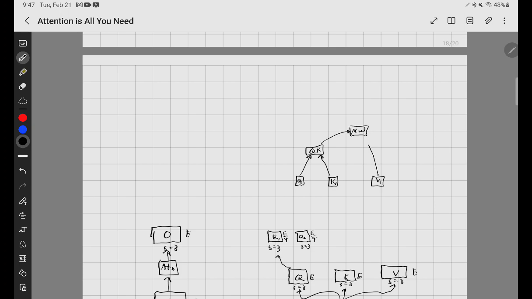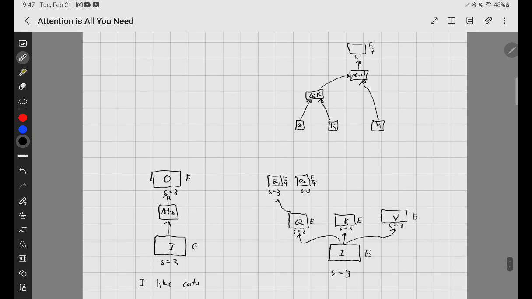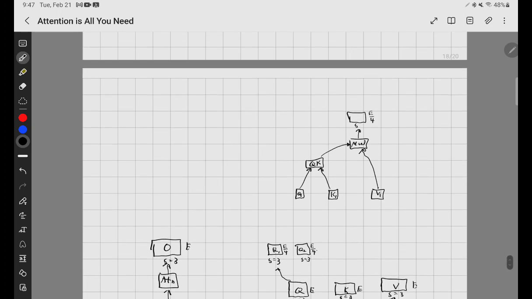I'm skipping the softmax normalization, but those are there. Multiplying by the values, you get your output sequence, which is S by E over 4, because remember we split it up. If you do this for all 4 of them, you'll end up with 4 of these output matrices, S by E over 4, and so on.